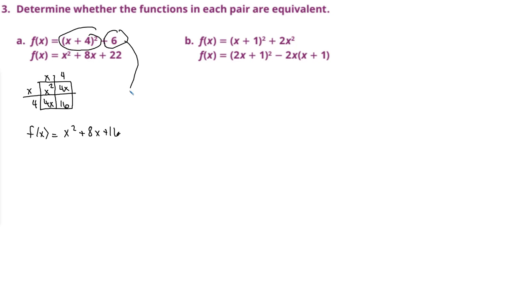I still need to bring down that plus 6 at the end. 16 plus 6 gives me 22. So x squared plus 8x plus 22. And that does match, so these are equivalent. And because there's that squared, this is quadratic.